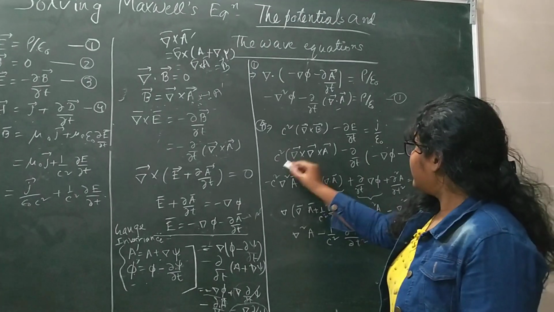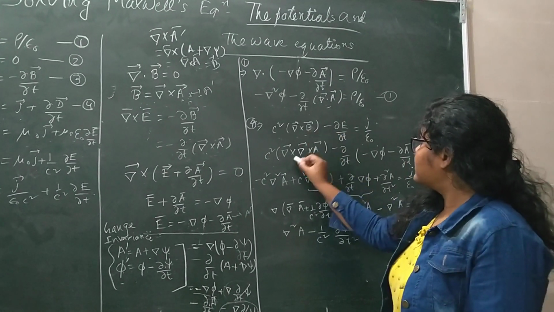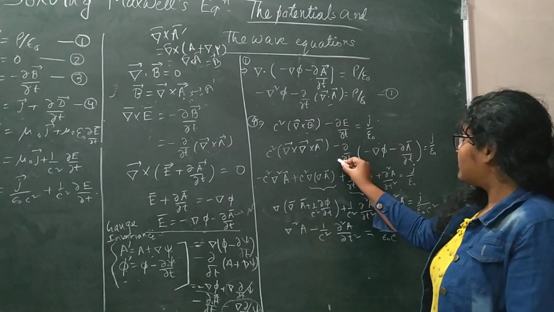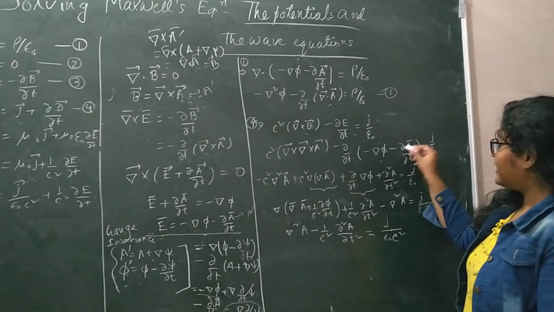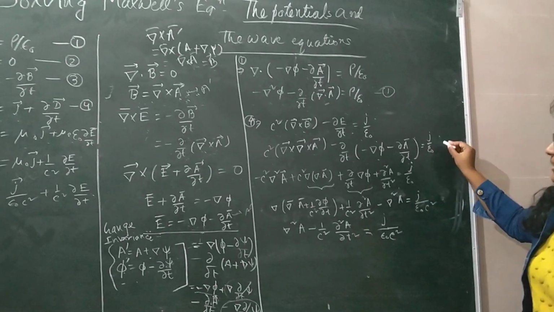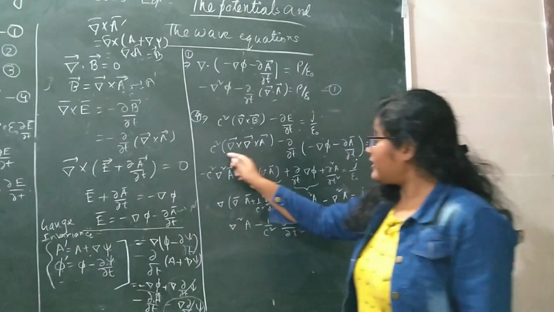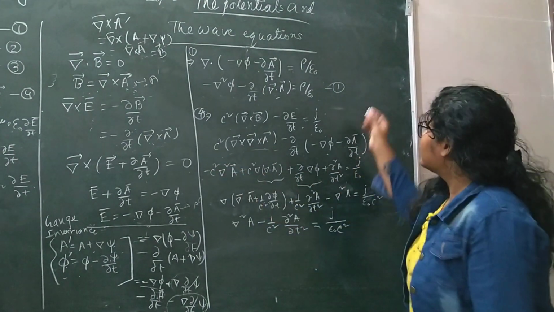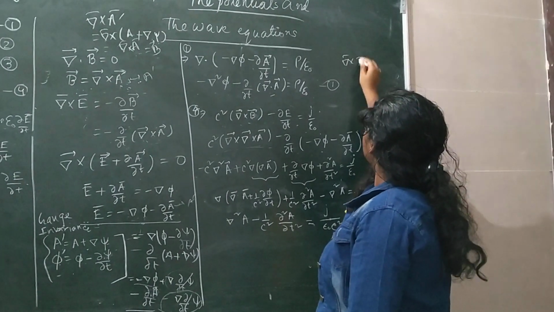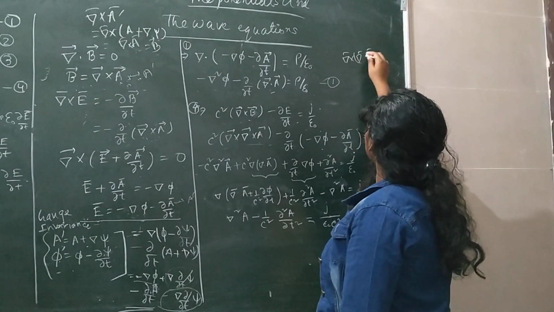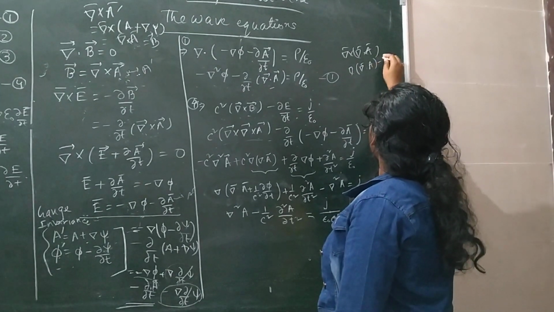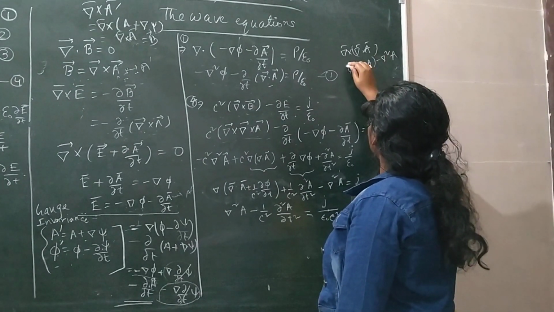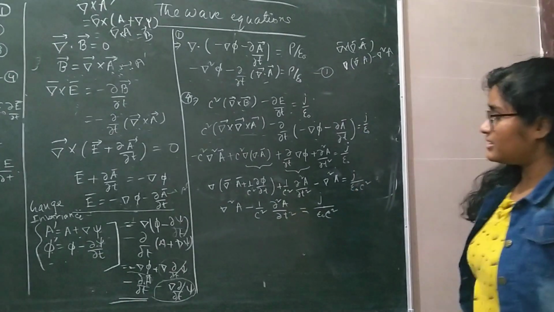Now c square into curl of B we can write as curl of curl of A, minus del t of E, and in place of E you write minus grad phi minus del A by del t, equals j by epsilon naught. So simplify it. This is a vector identity: curl of curl of A equals grad of divergence of A minus del square A.